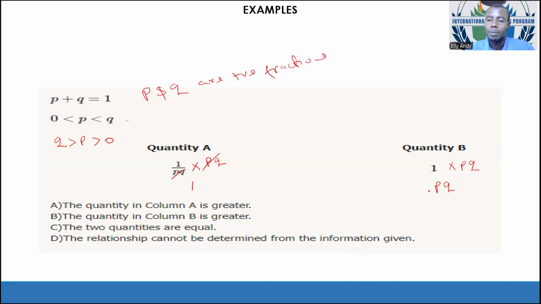And anytime you multiply positive fractions, and the fractions are, of course, each is less than 1, because if they add up to 1, it means each fraction is less than 1. If you multiply the two, the answer will still be less than 1. And so we can stop here and pick automatically that the answer is the quantity in column A is greater.